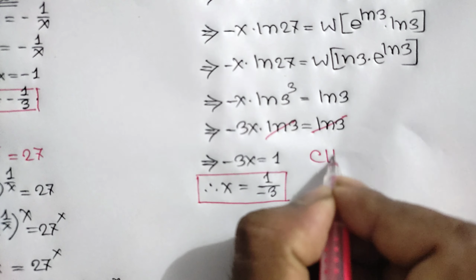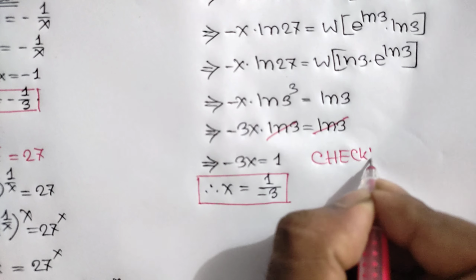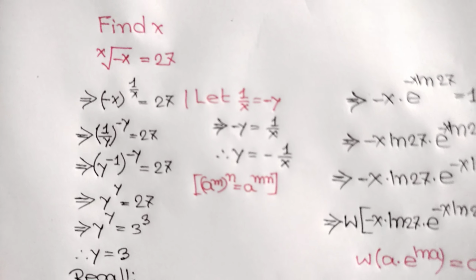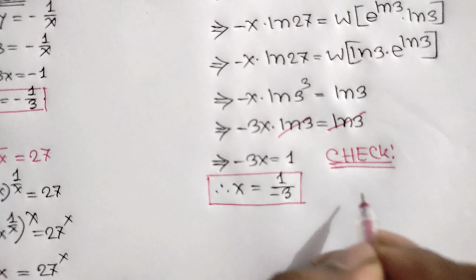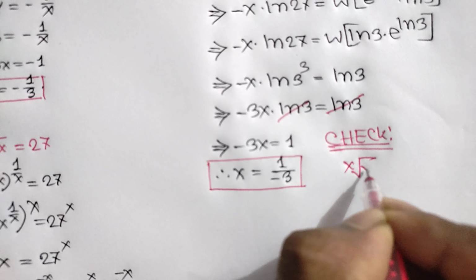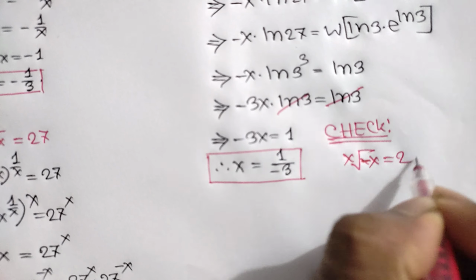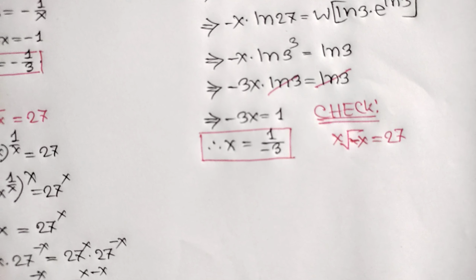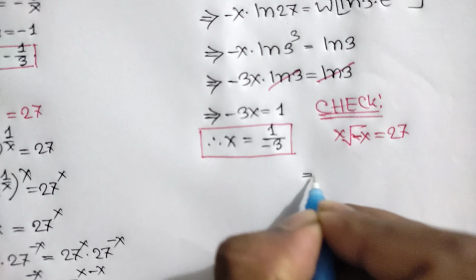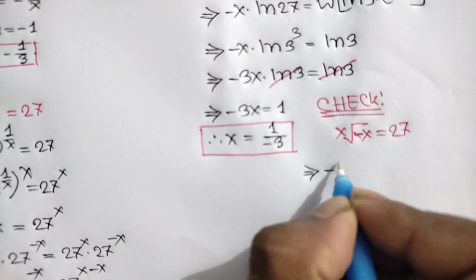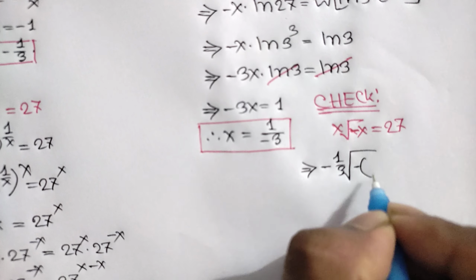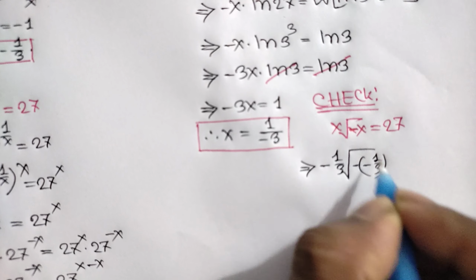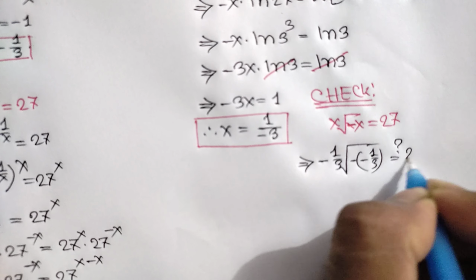Now check. The question has given the x-th root of negative x is equal to 27. Here x is equal to negative 1 over 3, so the negative 1 over 3 root of negative times negative 1 over 3 — is it equal to 27?